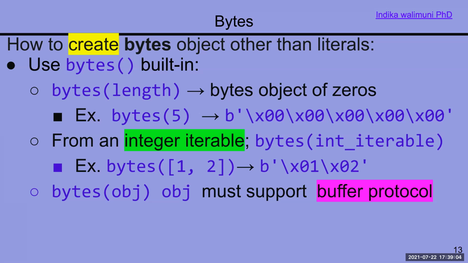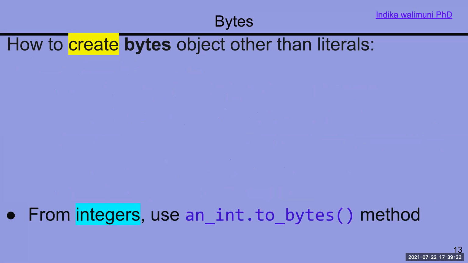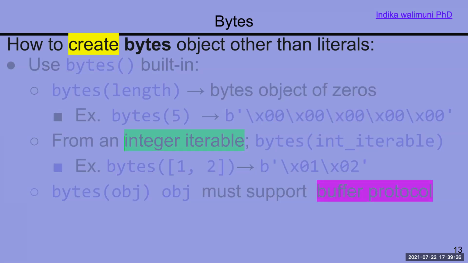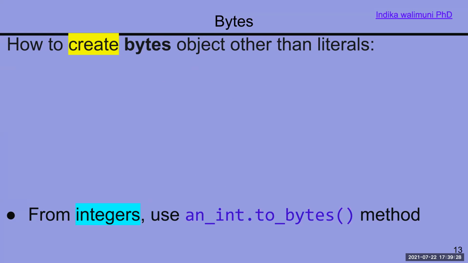We can also pass an object to the bytes built-in, but this object must support the buffer protocol. We can also convert an integer into a bytes object.